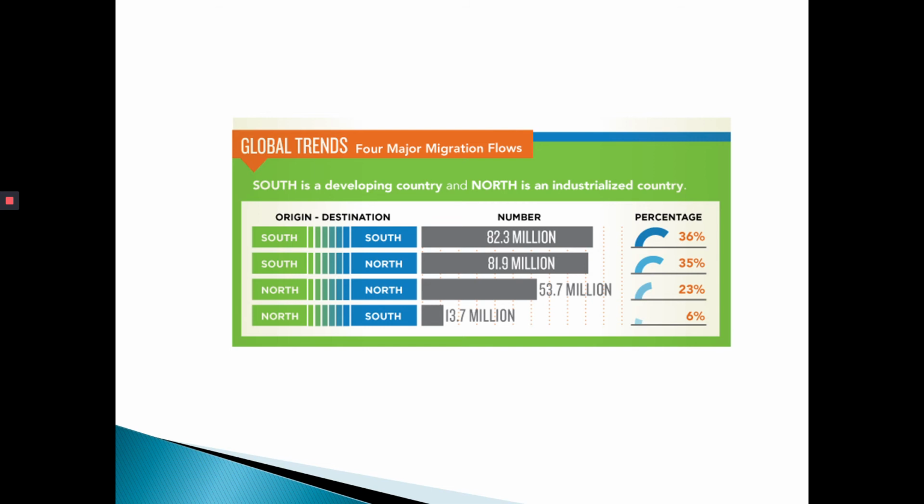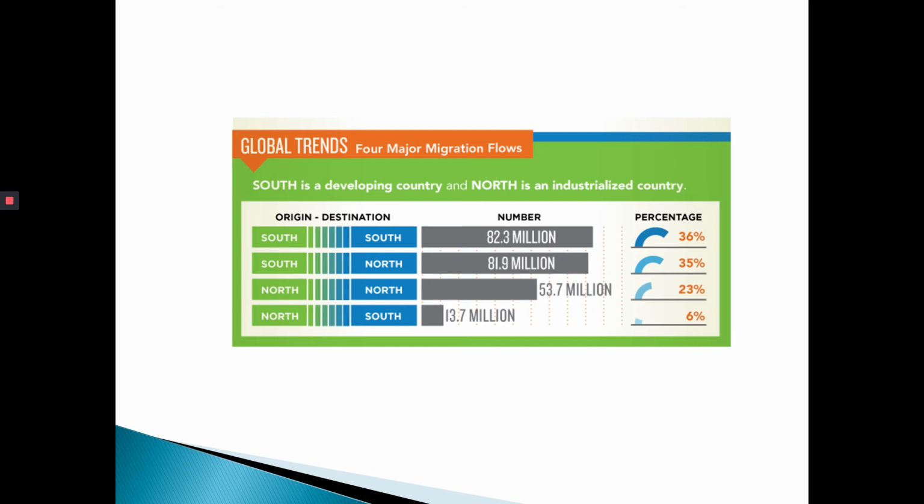Those are countries in the northern hemisphere, but if you were to migrate from the country of Somalia, which is a country in Africa in the southern hemisphere, to the country of Armenia, which is a country in the northern hemisphere, that's called south to south, because they're both developing countries.